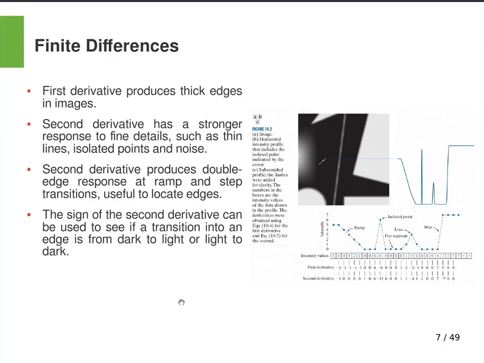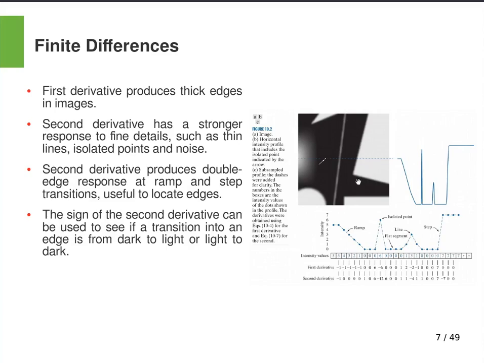And finally, the sign of the second order derivative can be used to see if there was a transition into an edge going from dark to light or light to dark in the image. So we can see all these properties here as well.